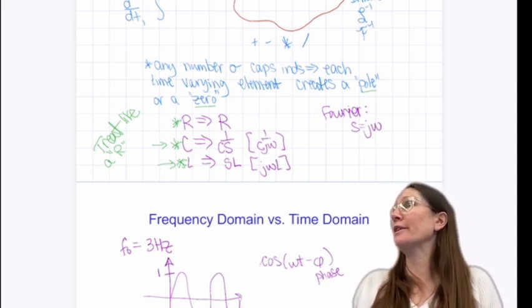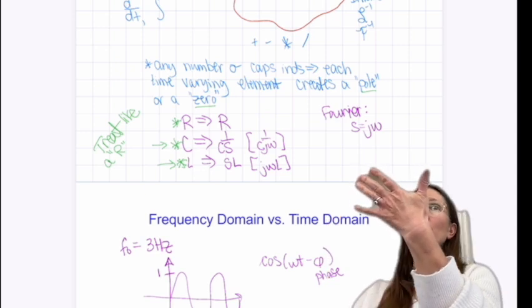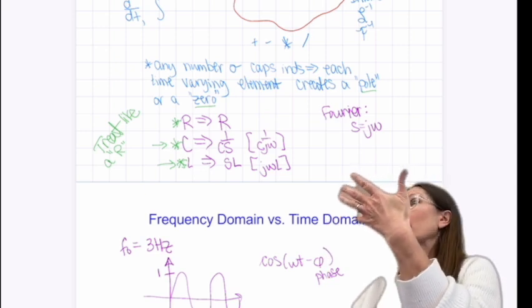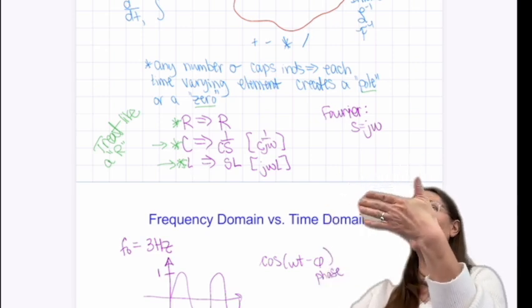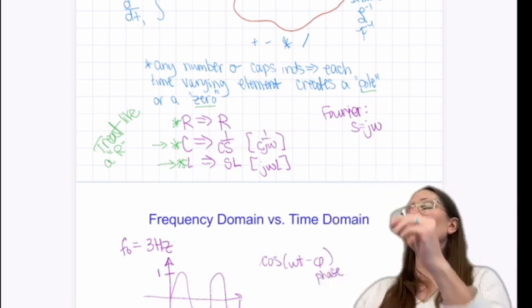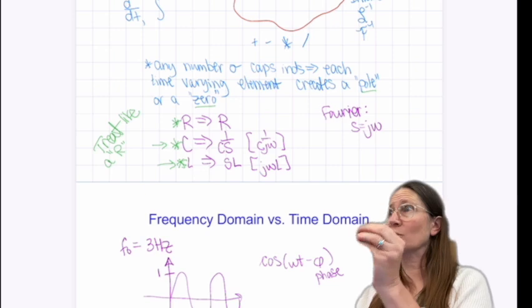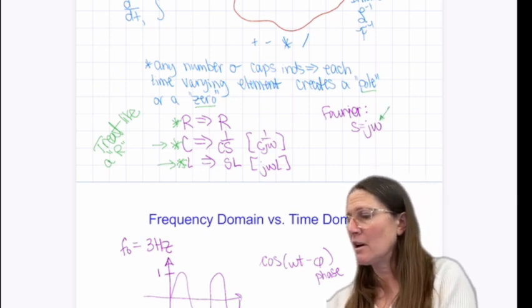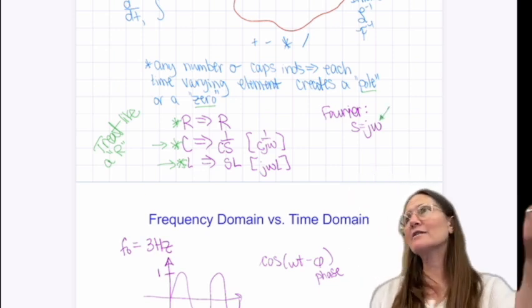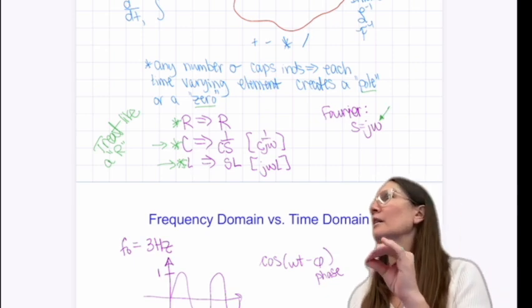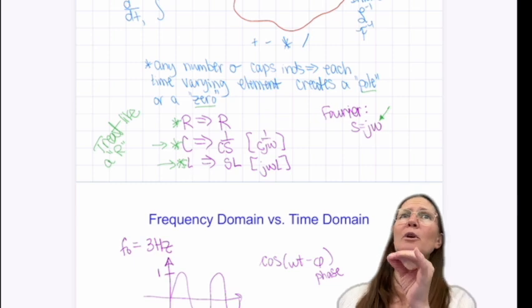If I have a capacitor and an inductor in series, then I just add them together. It would be 1 over CS plus SL. Then to manipulate the equations, once I get into the S domain, I use this transformation of S equal to J omega, and then I'm going to have a complex number.